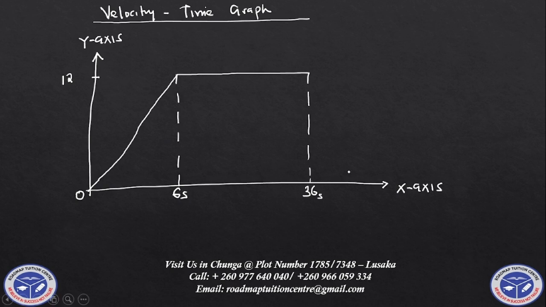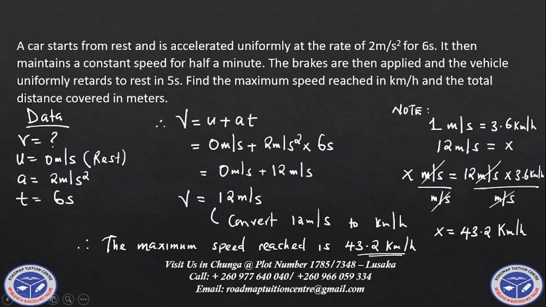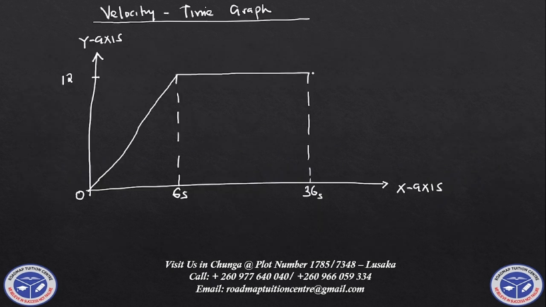Then we continue. The question further says the brakes are applied and the vehicle uniformly retards, meaning there's a decrease now in the velocity, to rest in 5 seconds. So meaning it retards like this over 5 seconds.